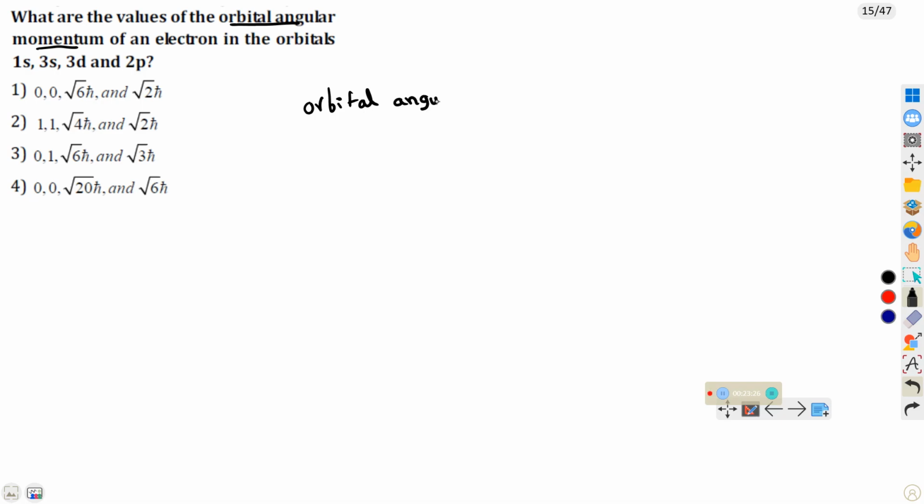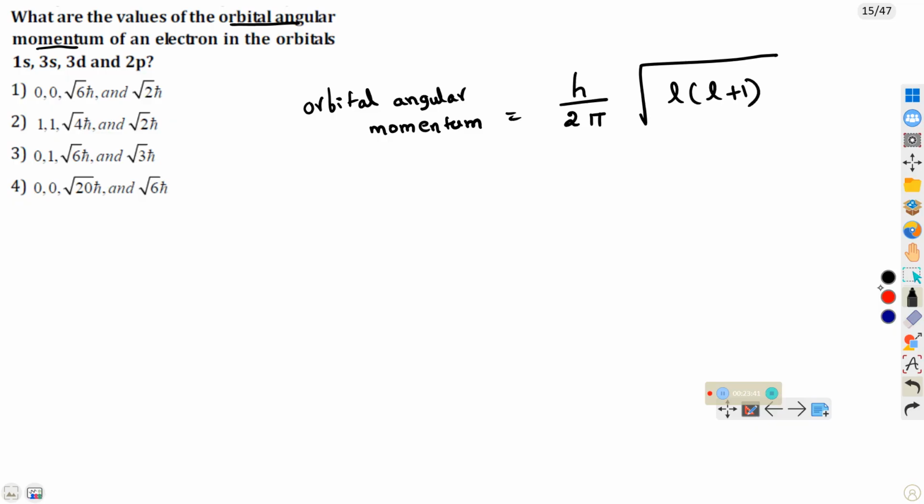Orbital angular momentum is calculated by using the formula h by 2 pi into square root of L into L plus 1. h by 2 pi is equal to h cross, so it can be written as h cross square root of L into L plus 1.